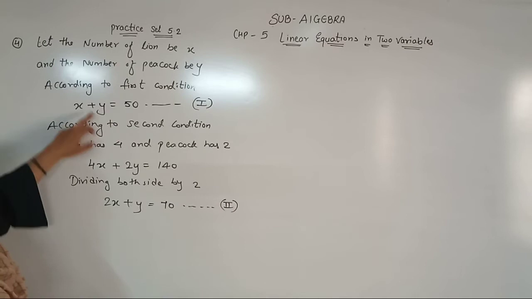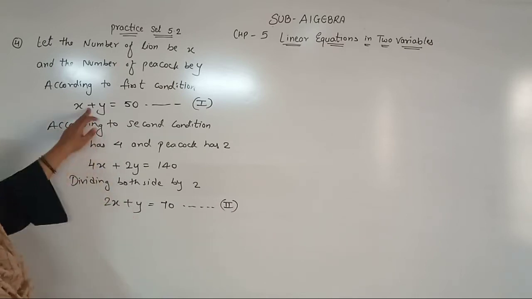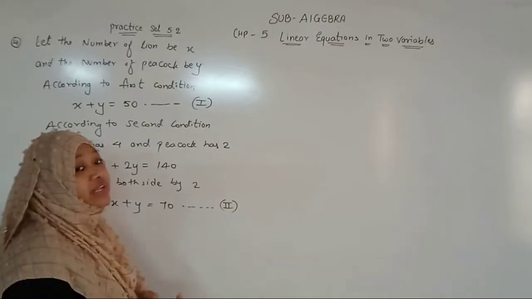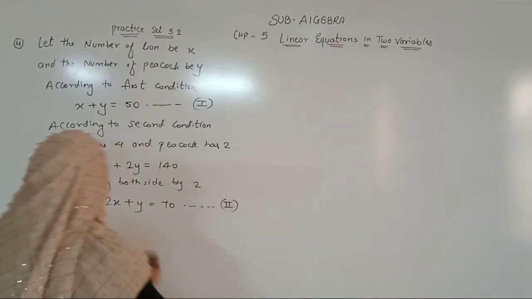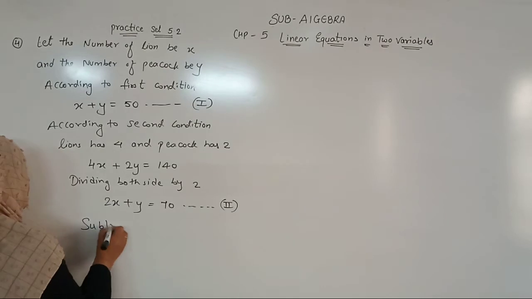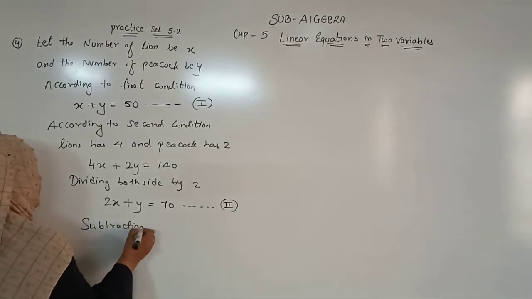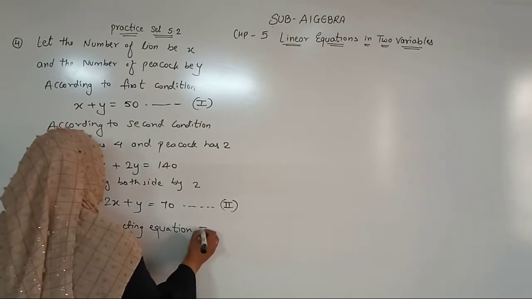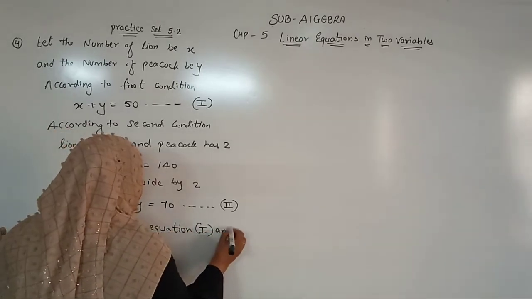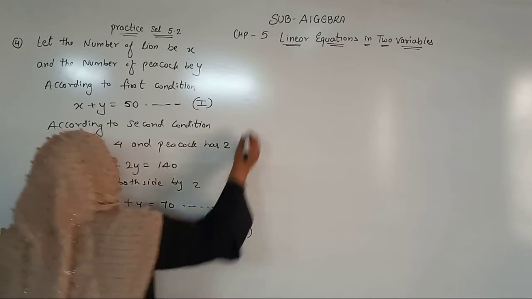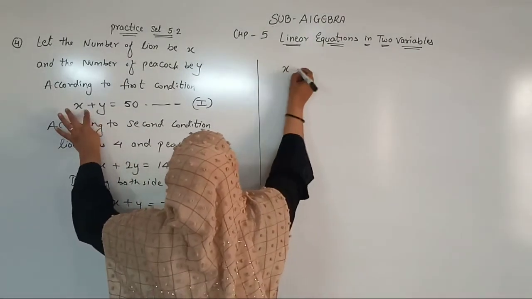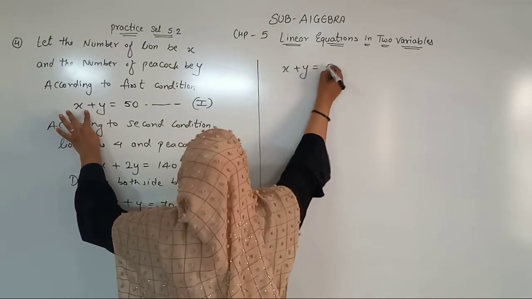Now see, I have y and y. In both equations my y terms are equal and I have similar signs. When I have similar signs, I will do subtracting. So I will subtract equation 1 and 2. What is my first equation? X plus y equals 50.